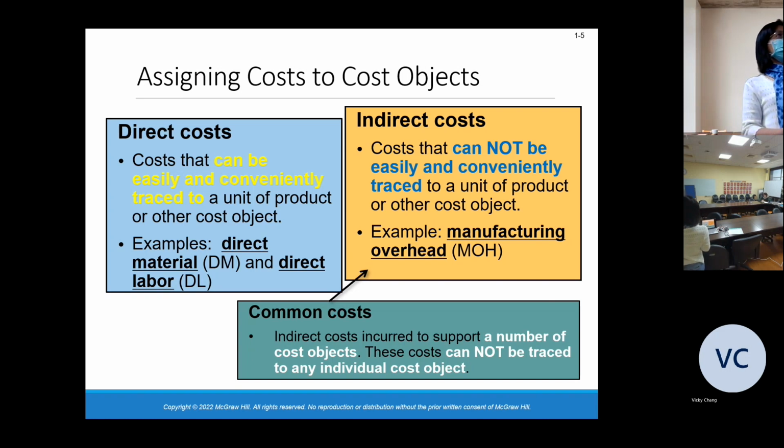An example is manufacturing overhead, or MOH for short. That is an indirect cost, like the rent of the factory, the electricity for the factory, or the supervisor for the factory.